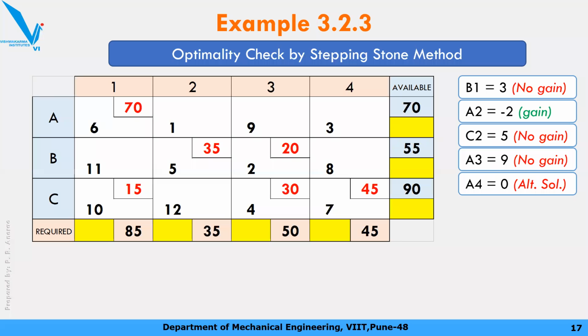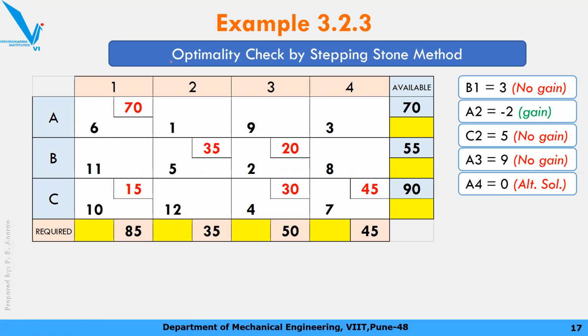Good morning, all. Yesterday we were discussing optimality check by the stepping stone method. We have completed up to this part, and then we observed how to do optimization. But if you were absent in the previous lectures, a small recap.